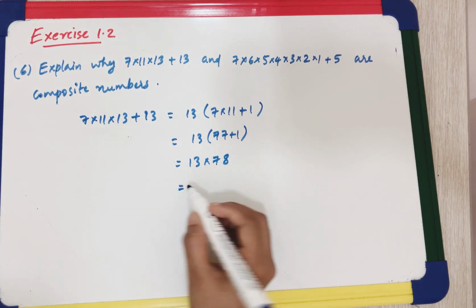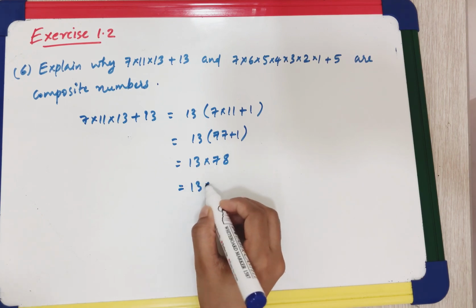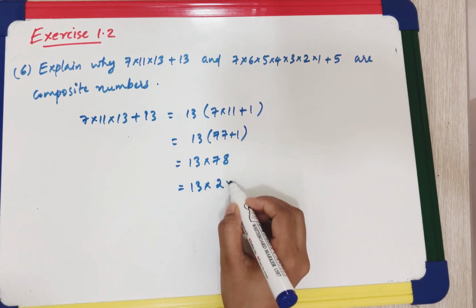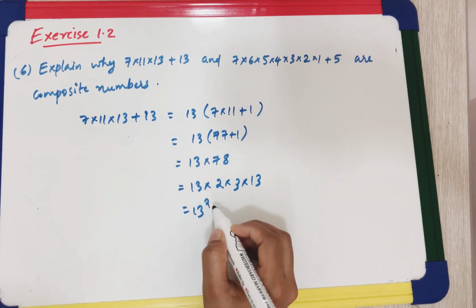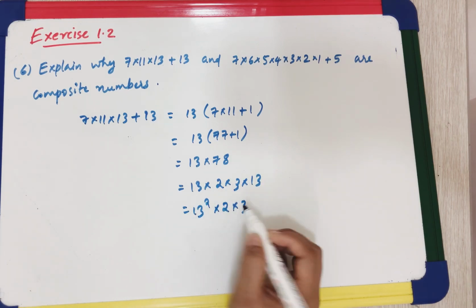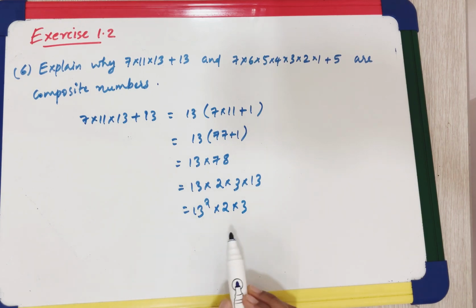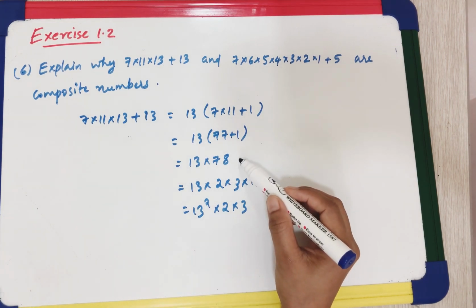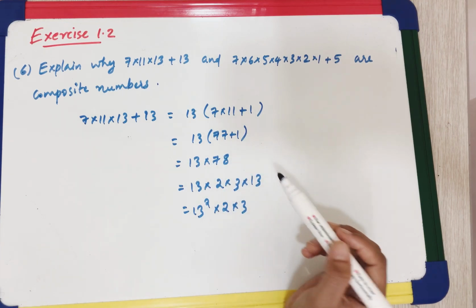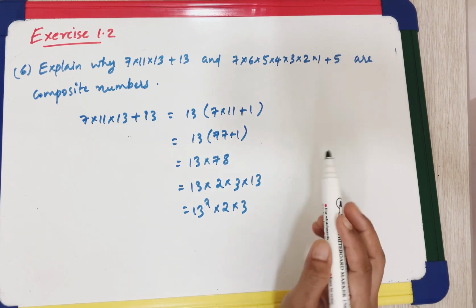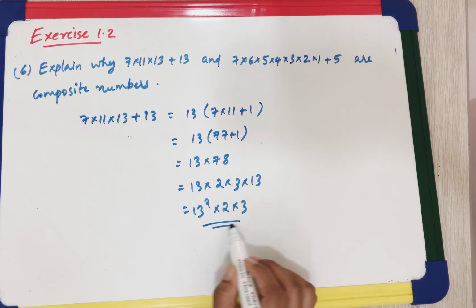Now we can factorize 78 as 2 × 3 × 13, so the number is 13 squared × 2 × 3. Here the prime factors of this number are 13, 2, 3, more than 2 factors. Hence it is a composite number. From this step itself we can say it has factors 13 and 78. Since we are dealing with prime factorization, we can forward to this step.